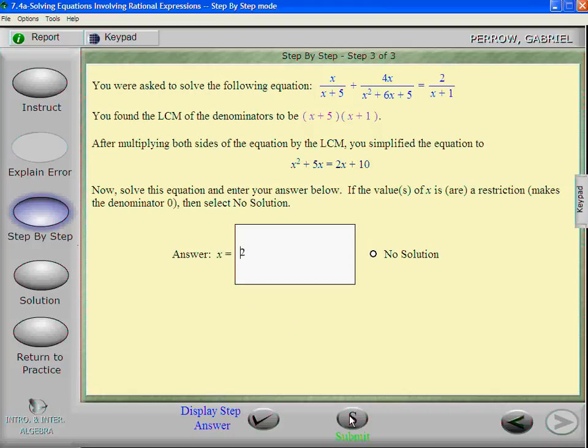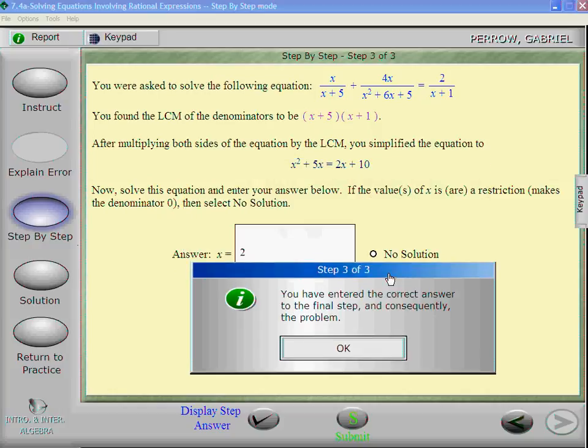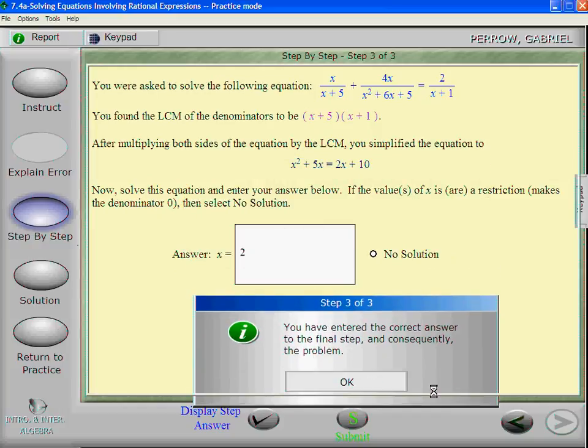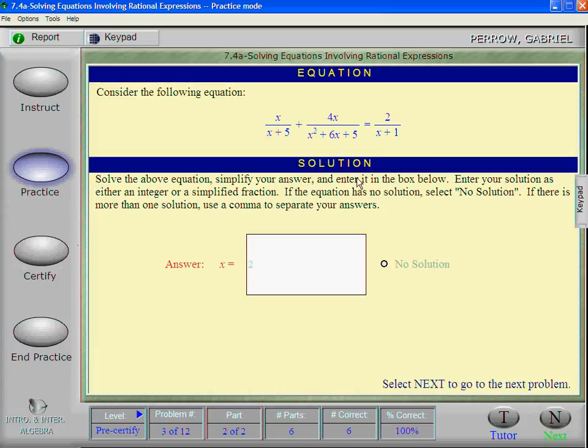So our only answer would be 2 for this particular problem. Okay, so hopefully what I said makes sense. You should remember how you would solve something like this by getting it set equal to 0 and factoring, like in section 6.4. You'd get negative 5 and 2, but we have to cancel out the negative 5 as a solution.